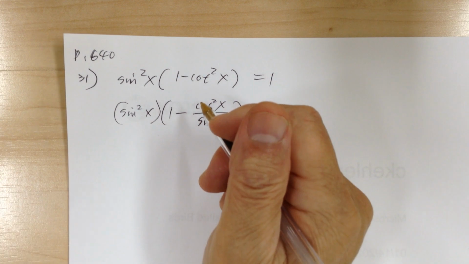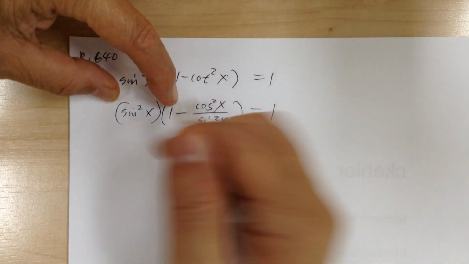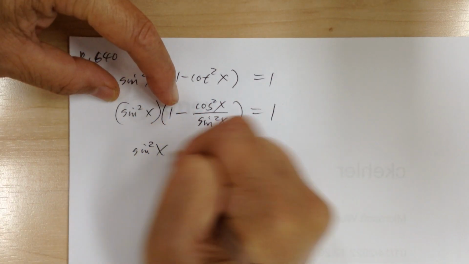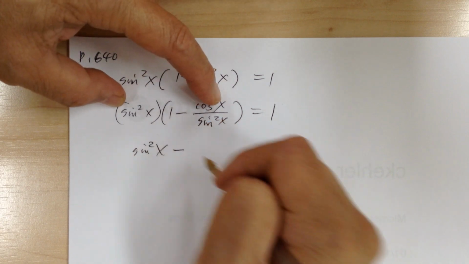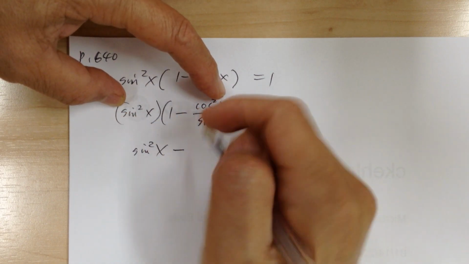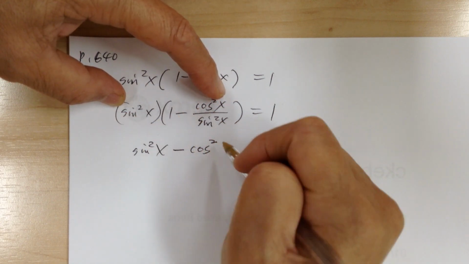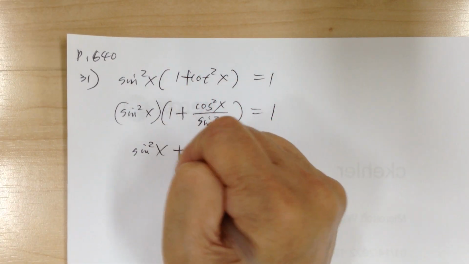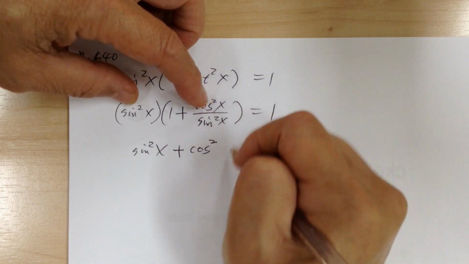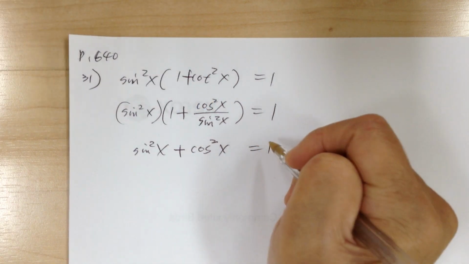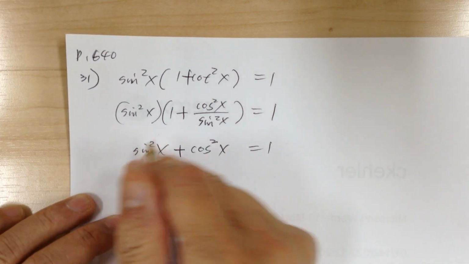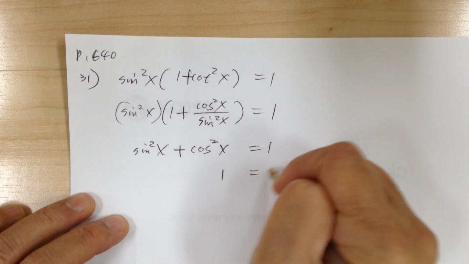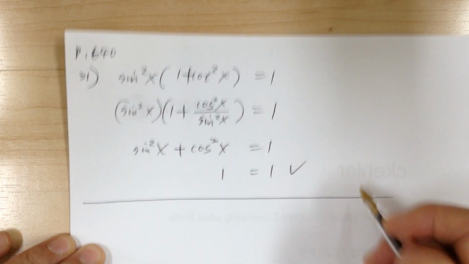Then you distribute. This times this will equal sine square x. Then this times that: notice the sine square cancels out, so it will be plus cosine square x equal to 1. Again, this is one of your identities: sine square plus cosine square equal to 1. And so, check.